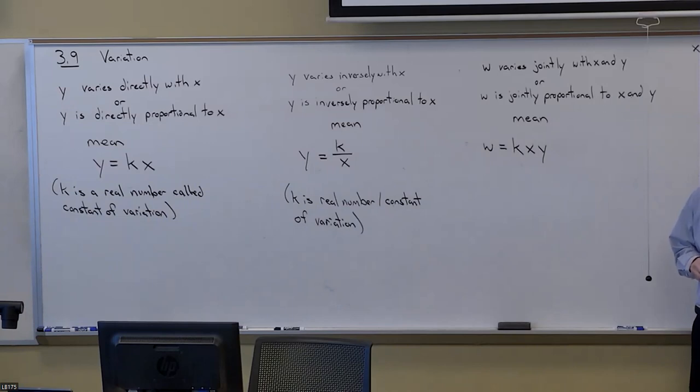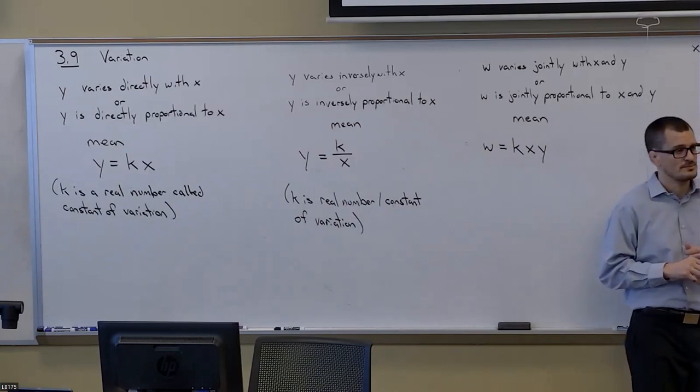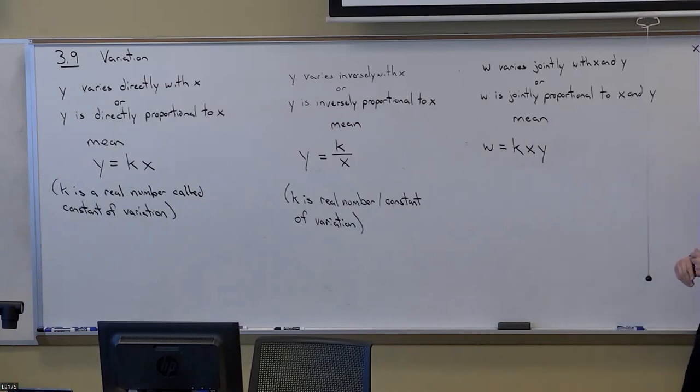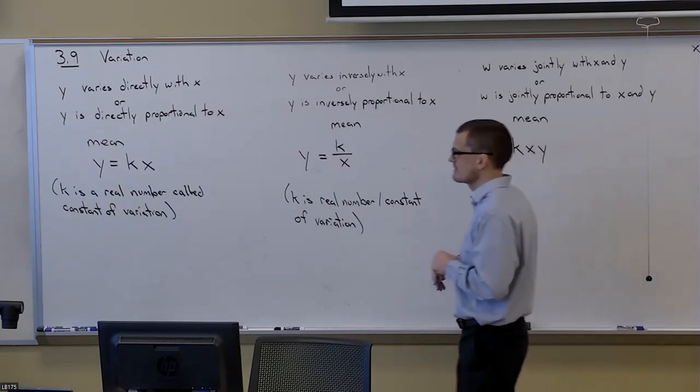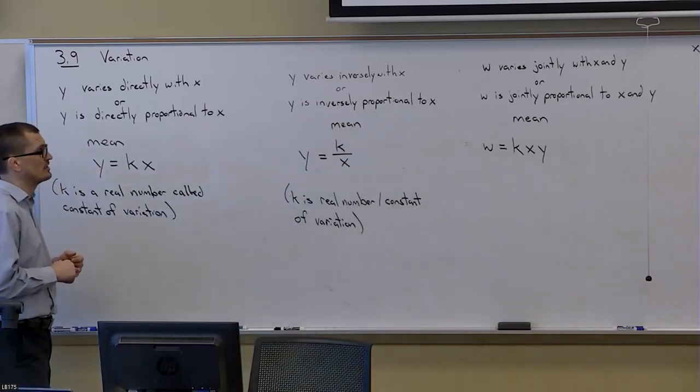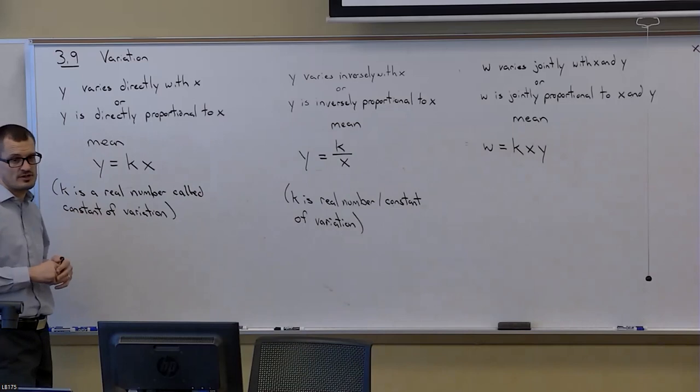And so we can use this idea of variation to come up with, one, lots of different equations that relate two variables together, and two, to solve problems using the idea of variation.